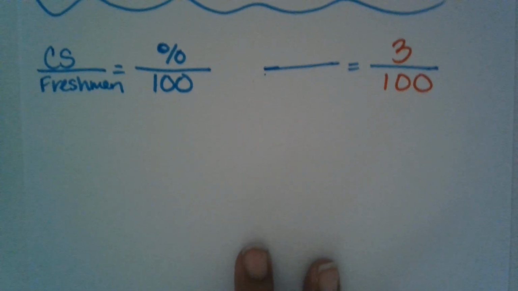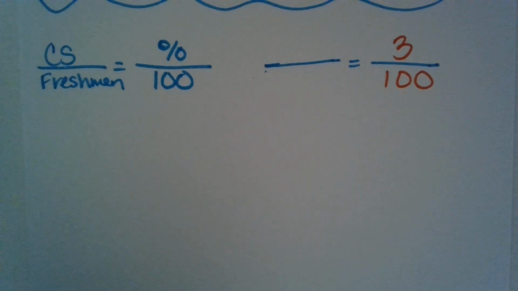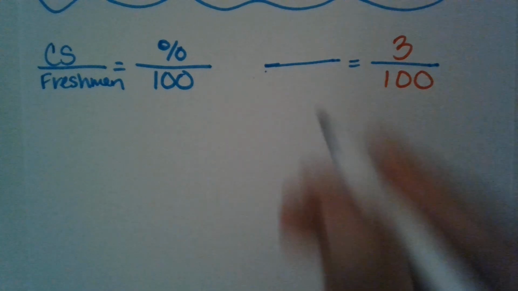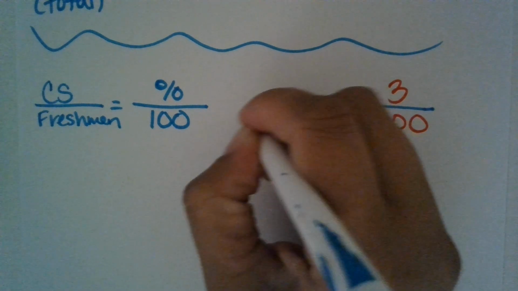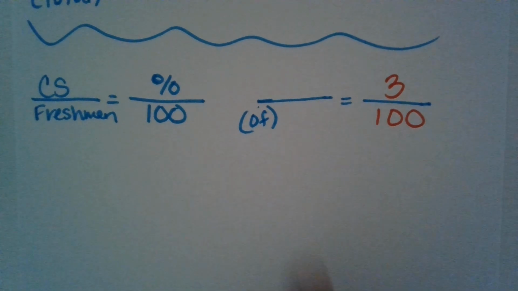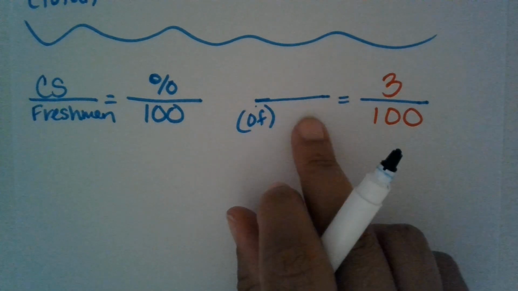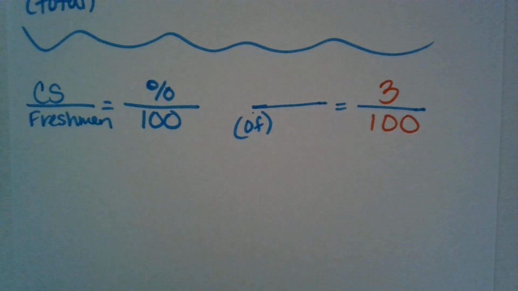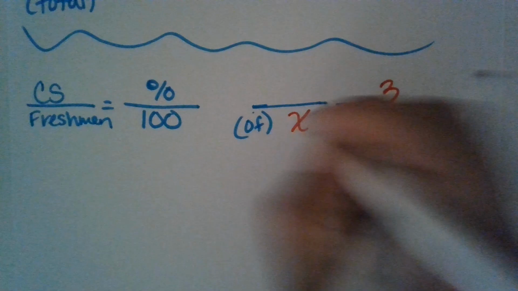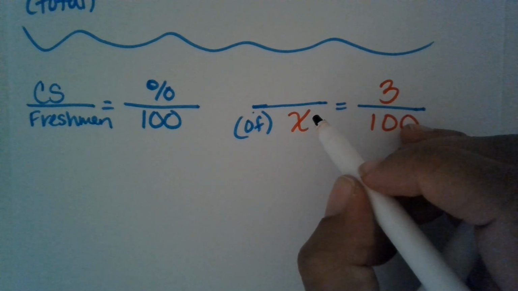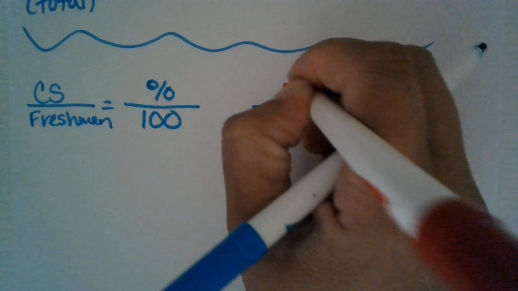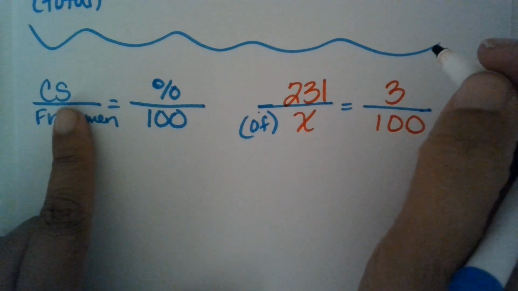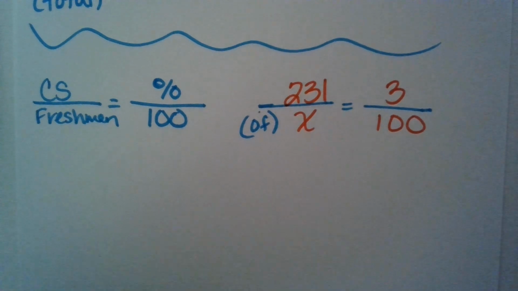So let me go back here. 3% of a university's freshman class. So of, meaning it's in the denominator, the freshman class. But the question is, how many students are in that class? I don't know. I know out of all of those kids, only 231 are majoring in computer science. So there's your setup.